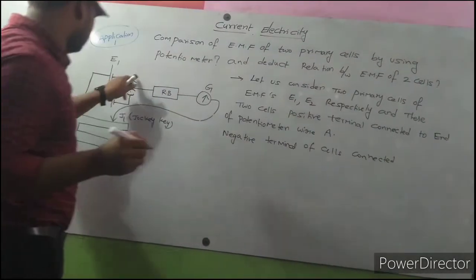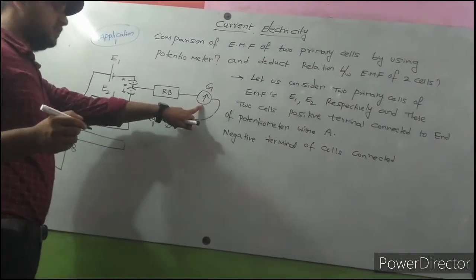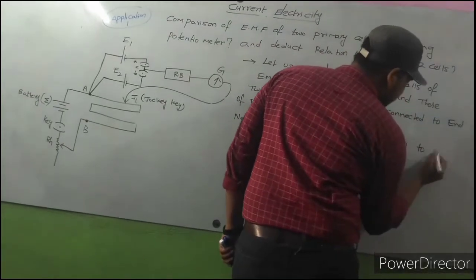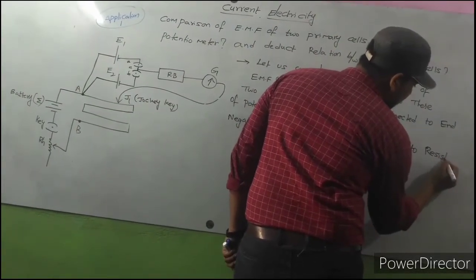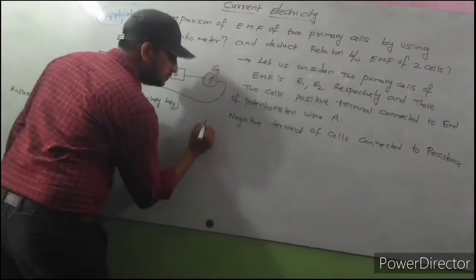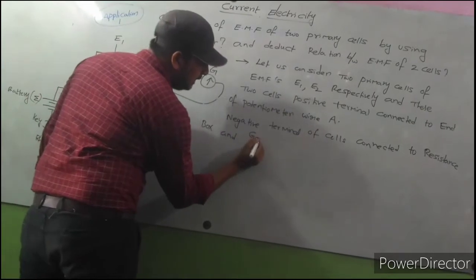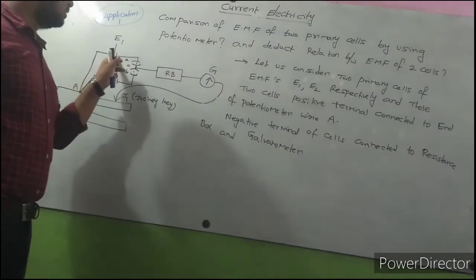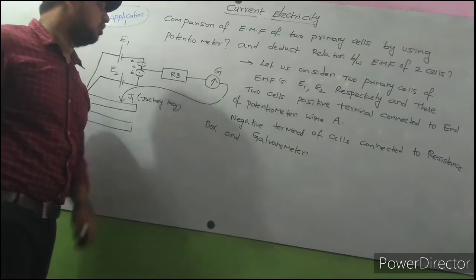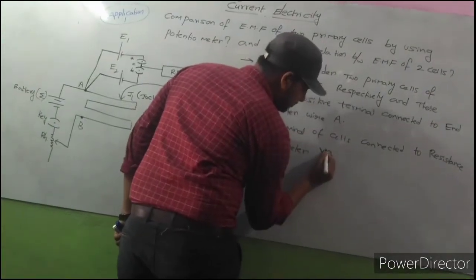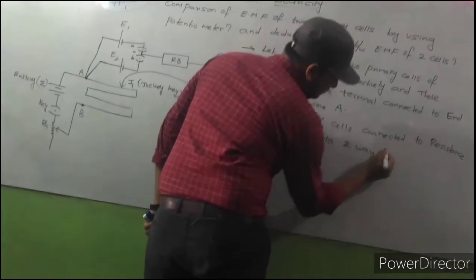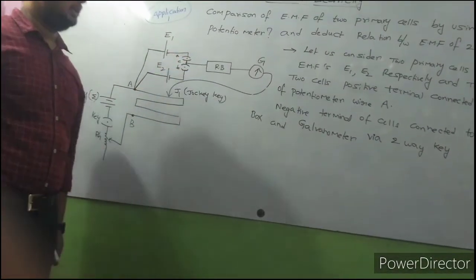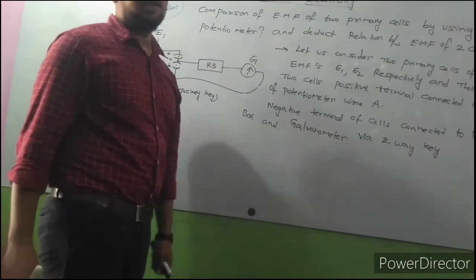The negative terminal of the cells is connected to a resistance box and galvanometer via a two-way key.